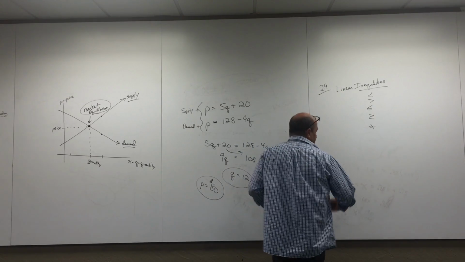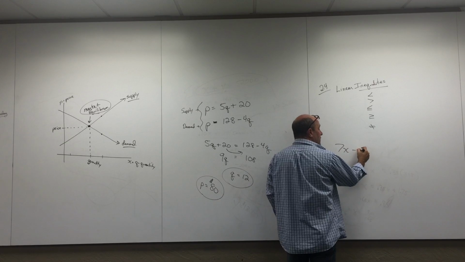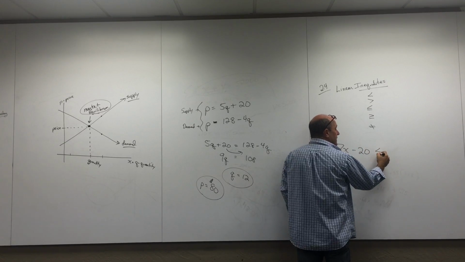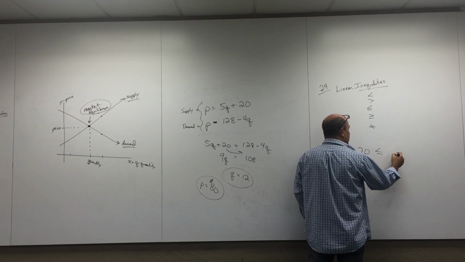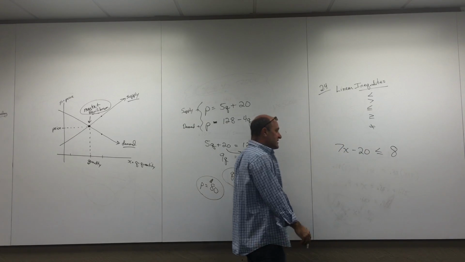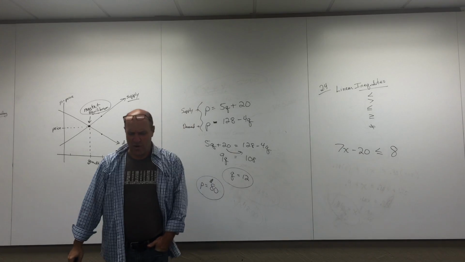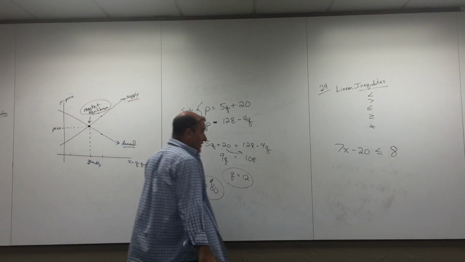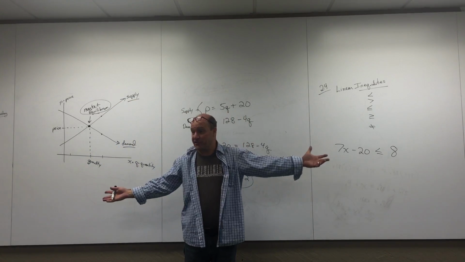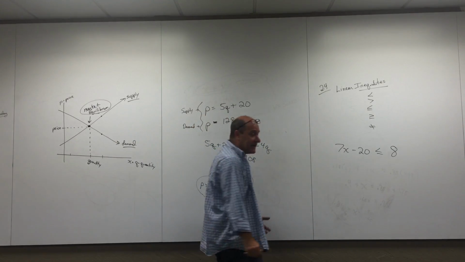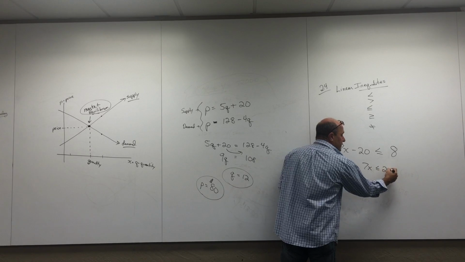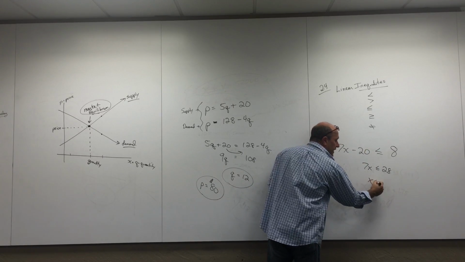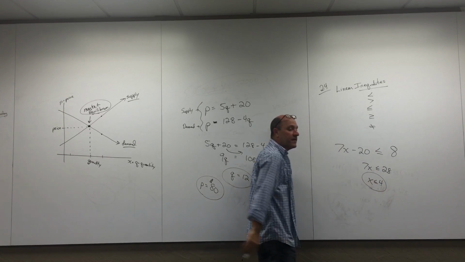So that's what we're dealing with, and so we have to solve inequalities like this. Here's an easy one. Can you solve this inequality? When you solve an inequality, you treat it just like an equation. You try to get x by itself. You move the 20 over, you divide by 7, and x is less than or equal to 4.